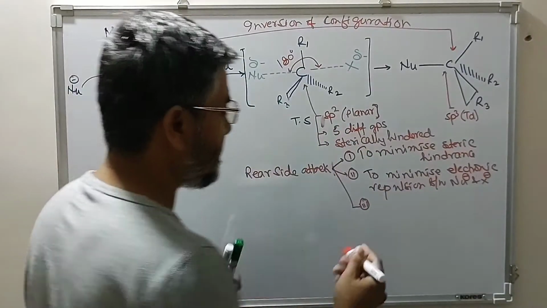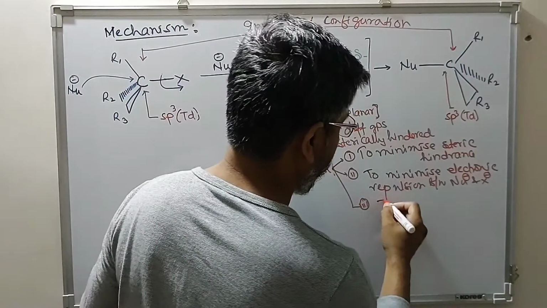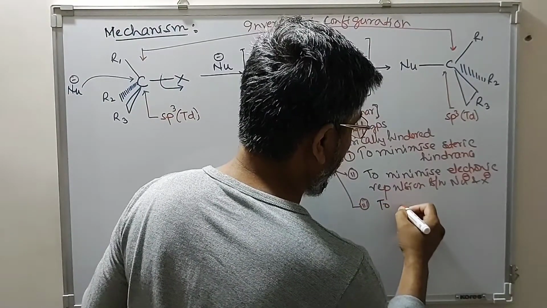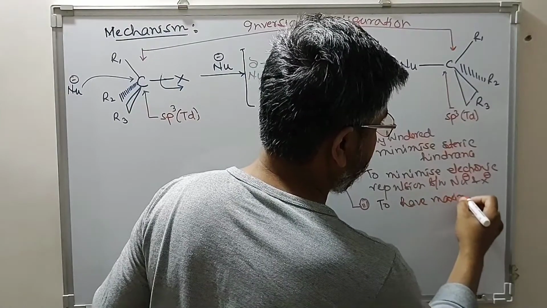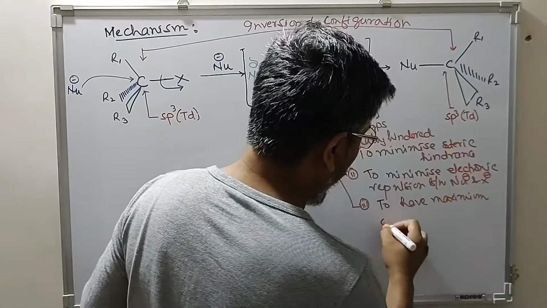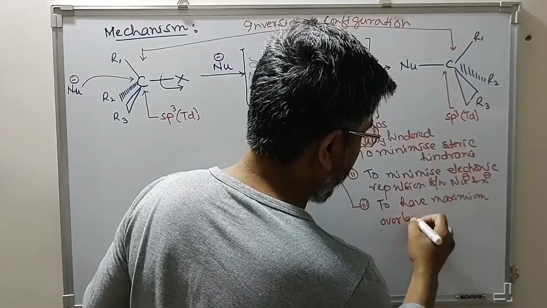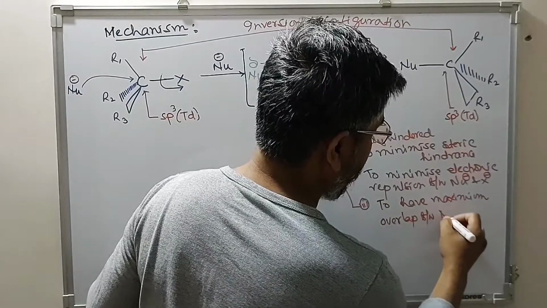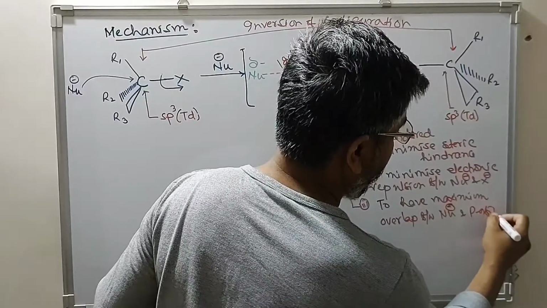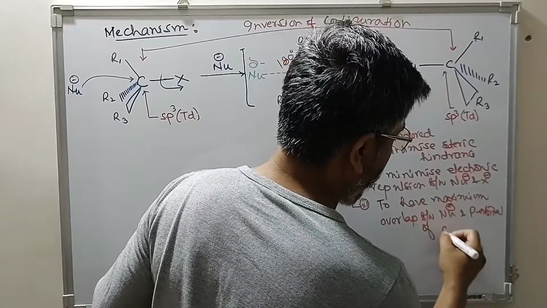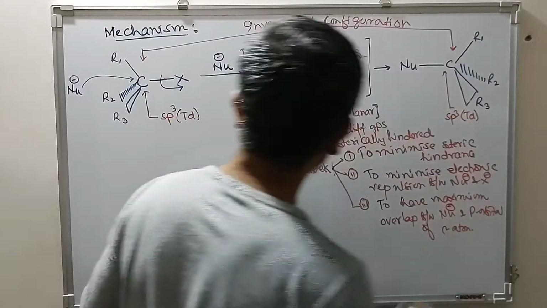So the third one is to have maximum overlap between the nucleophile and the p orbital of the carbon atom.